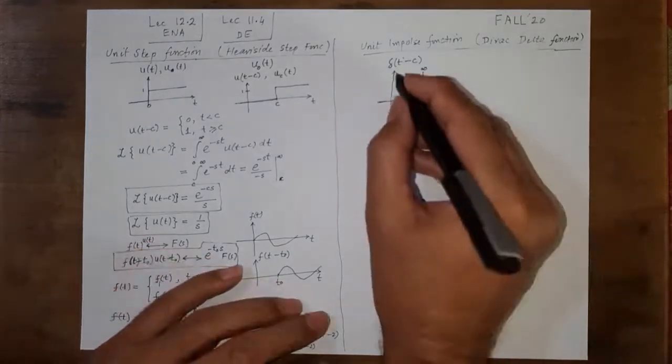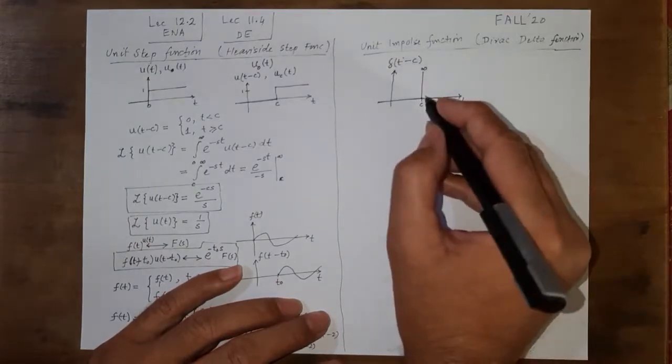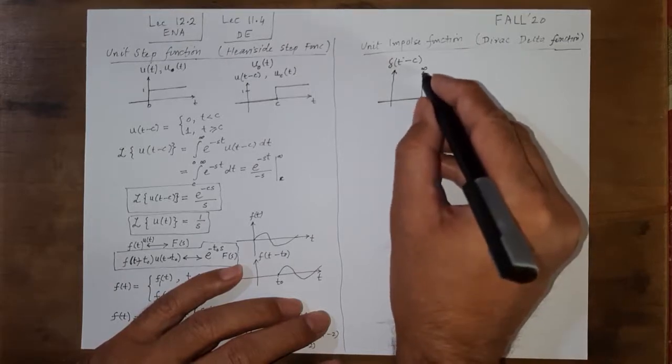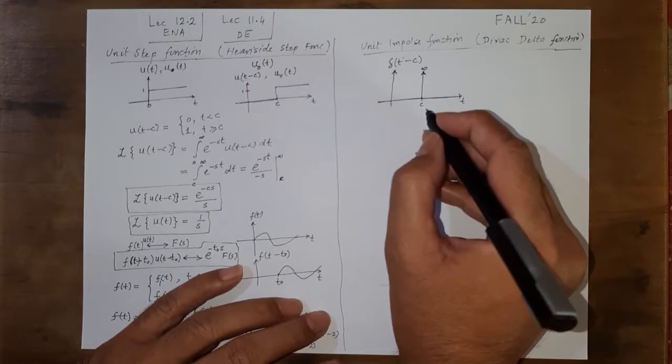Now it is very difficult to comprehend it, so we basically represent this infinite value by an arrow.